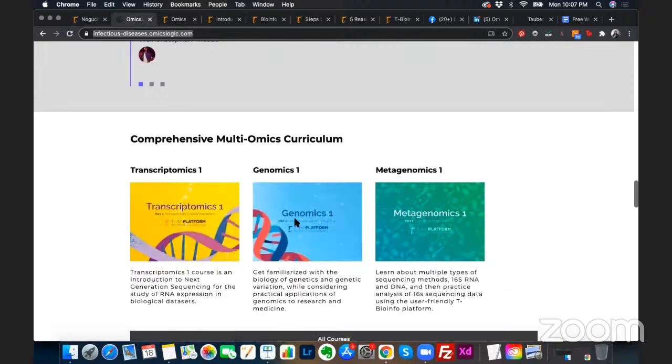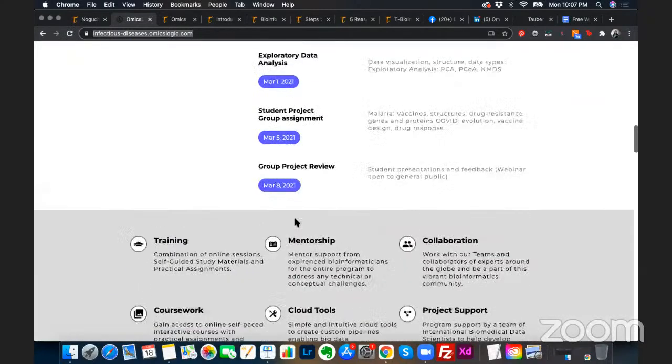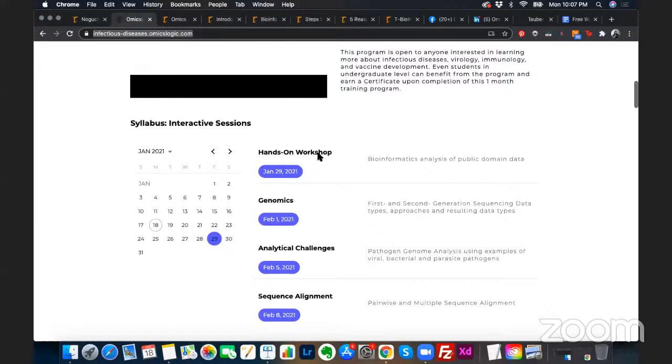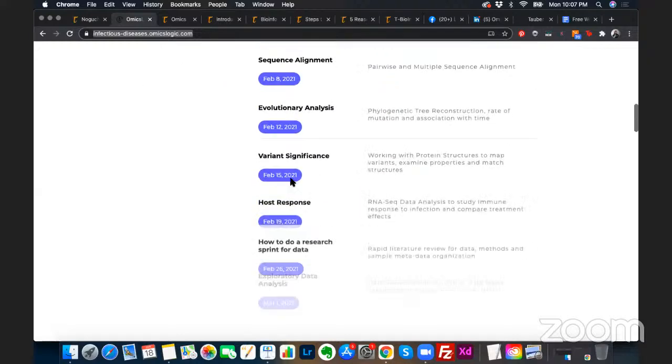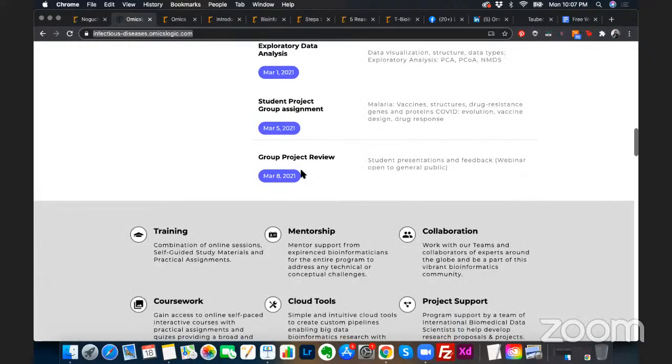So in this page, you will find that the program starts with a hands-on workshop on January 29th, and it goes on till March 8th, where we will have a group project.